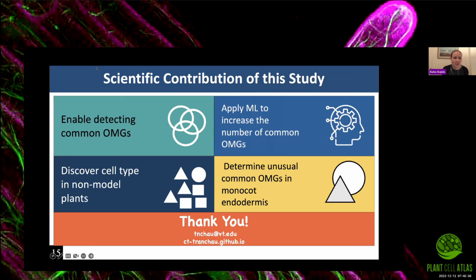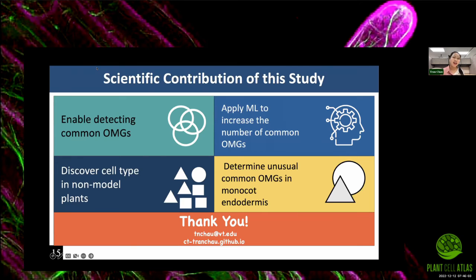Okay, there's another question. So Med is asking, do you think you can use this model to identify OMGs in more forest plants or woody plants? Yes, of course. We want to expand our research to more plants so that we can map the cell types in various species together.